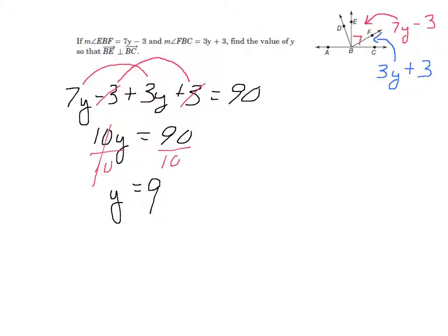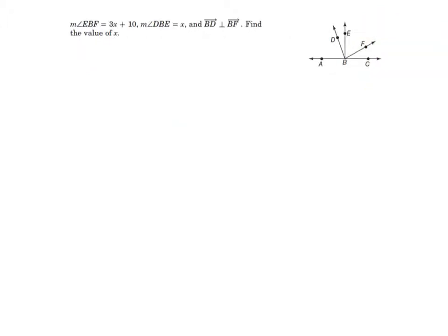On to our third. Same picture, but a new problem. The measure of angle EBF equals 3x plus 10. The measure of angle DBE is x. And BD is perpendicular to BF.